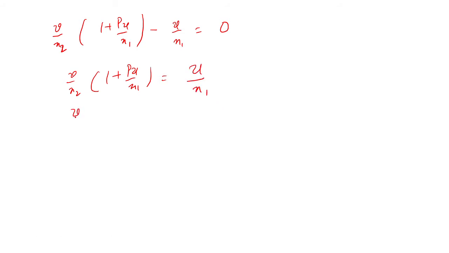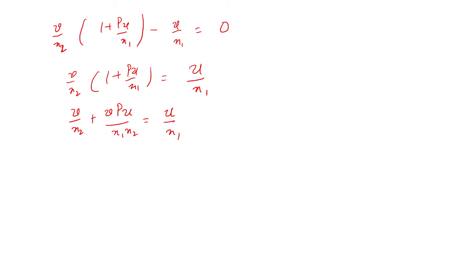That is, v by n2 plus v times p times u by n1 n2, right, is equal to u by n1, right?